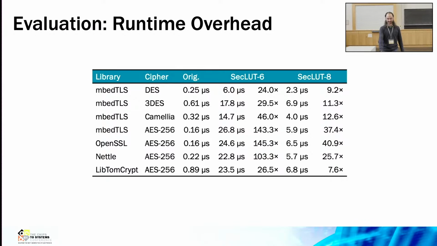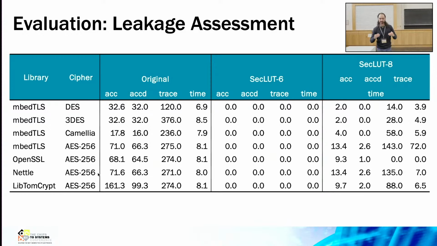And now we can also use formal methods to statically analyze the binary and analyze how much this leaks, how many bytes or bits. We can see the original versions of these functions leak a lot.